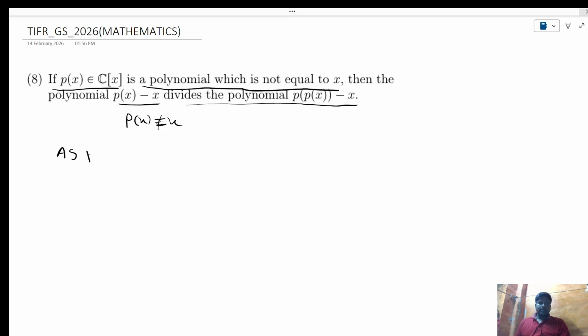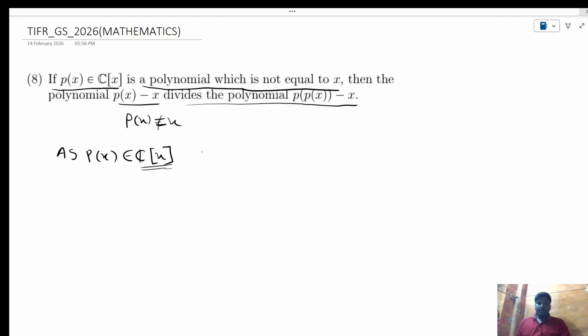As p(x) comes from C[x], that means complex number system, p(x) is actually a polynomial, because this notation denotes the set of all polynomials with complex coefficients. And we know that every non-constant polynomial in the complex number system must have a root.